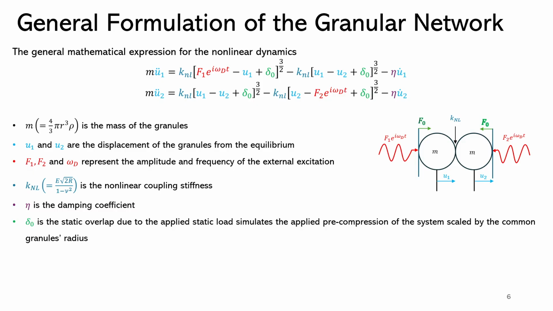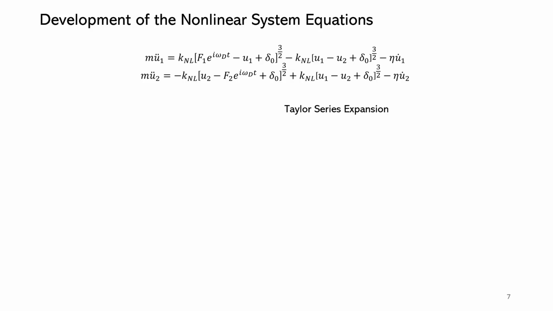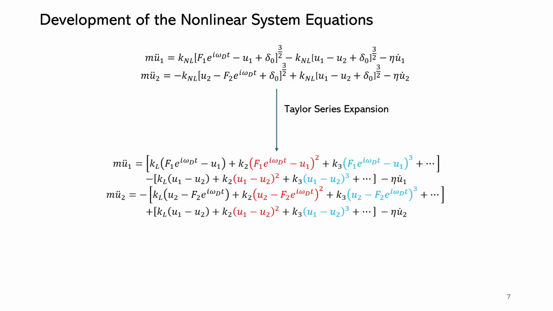By changing this delta naught value, we can make it from highly nonlinear to weakly nonlinear and even a linearized system. In our nonlinear system equation, we apply a Taylor series expansion, and then we divide the displacement term into different orders: zeroth order, first order, second order, third order, and so on.